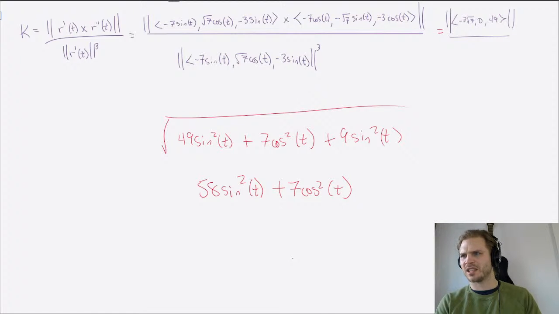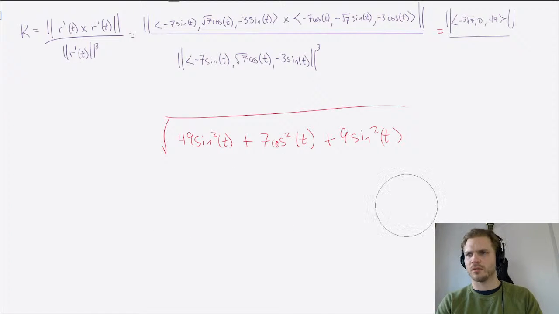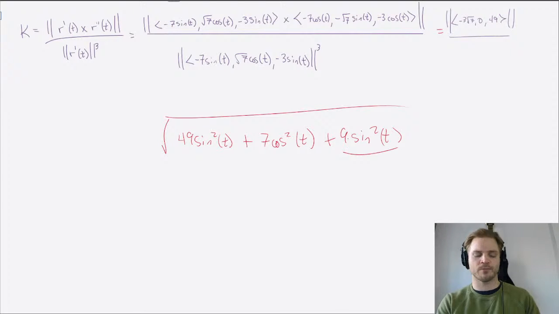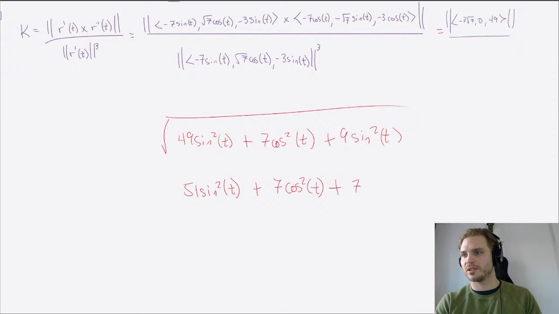Actually, maybe that's not a good way to do this. I can see what we can get 1 here. So I'm going to break 2 of these off. I'm going to make this 7 cosine squared plus 7 sine squared plus 2 sine squared, and bring 2 of those over to the 49. So that's 51 sine squared of t plus 7 cosine squared of t plus 7 sine squared of t. I don't even know if this is going to help. We'll see.